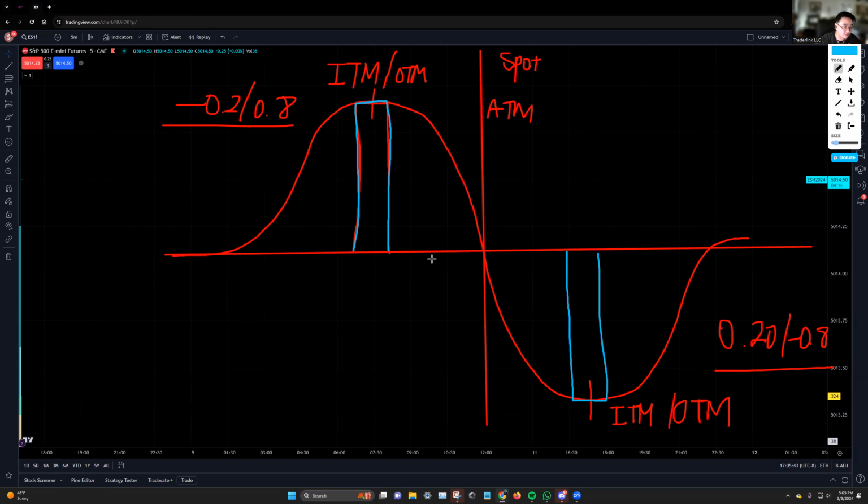Maybe it goes up, maybe it goes down, but for this example, this is what it looks like. I look for high exposure levels. So step one is high exposure strikes.